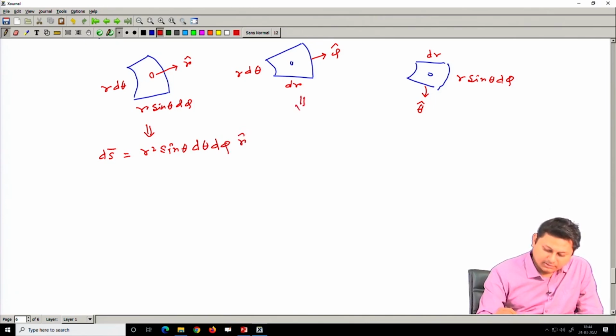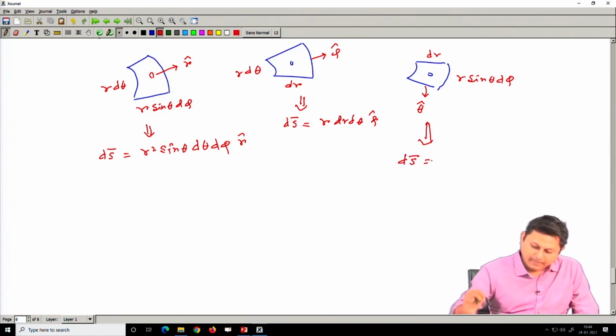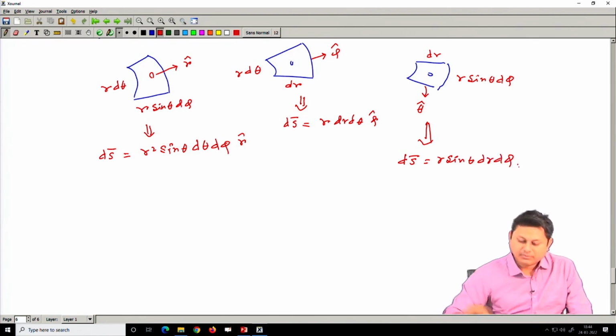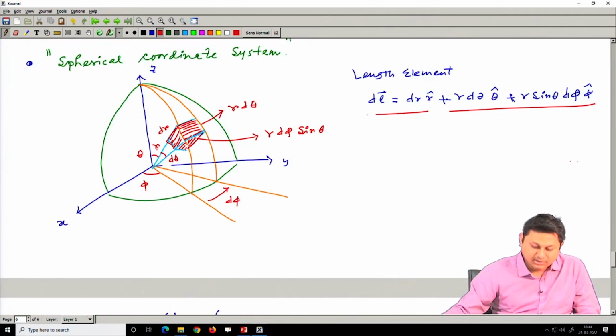In this case ds will be r dr d theta with phi unit vector, and in this case ds will be r sin theta dr d phi. Okay, these are the three surface elements one can have from these segments.